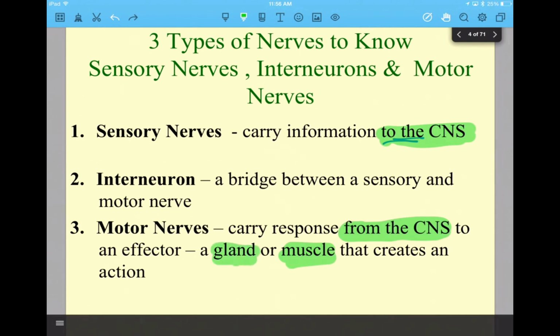So when you smell delicious food, right, and the salivary glands begin to fire, it just happens to us all, that's as a result of a motor nerve telling a gland to do something. Now, when we talk about a response, that is an effect. So motor nerves are called effectors.